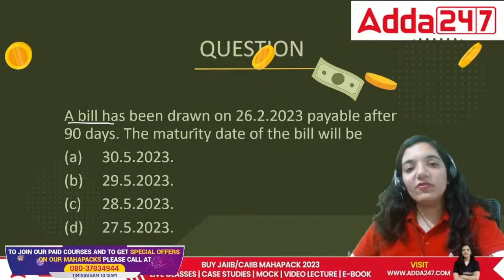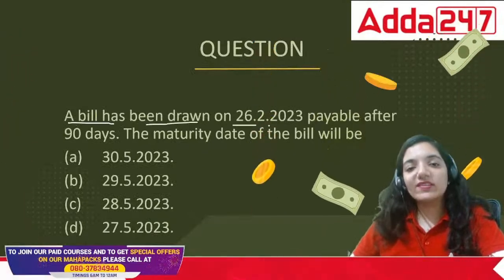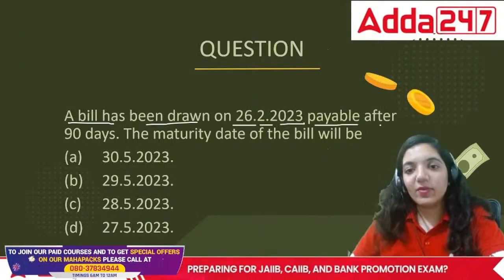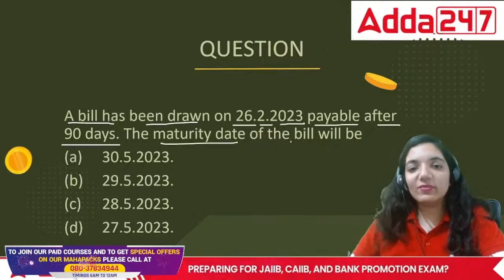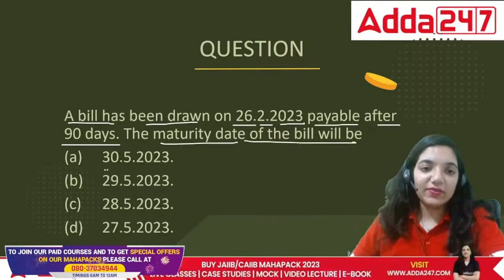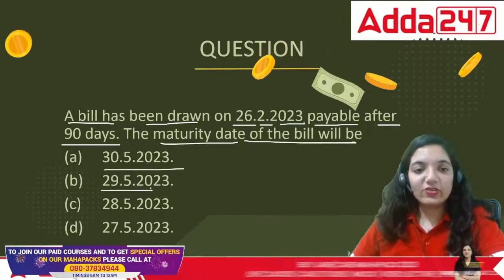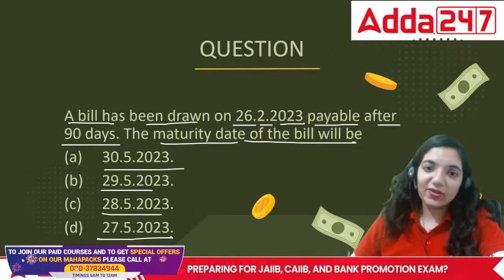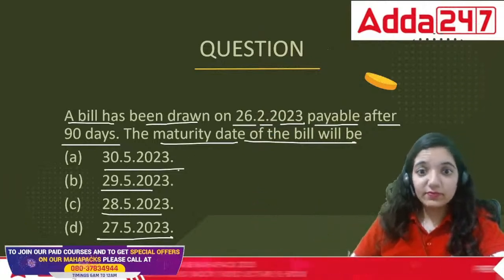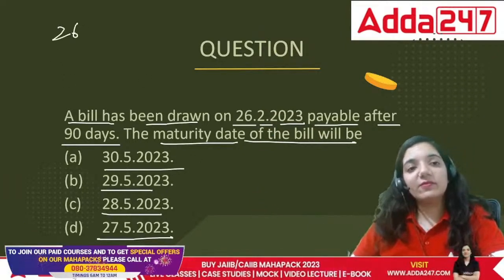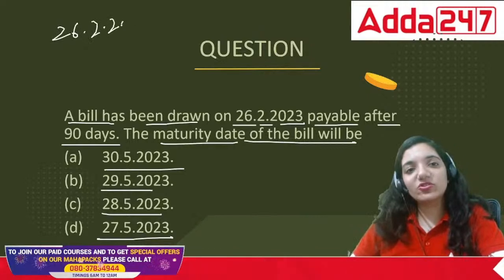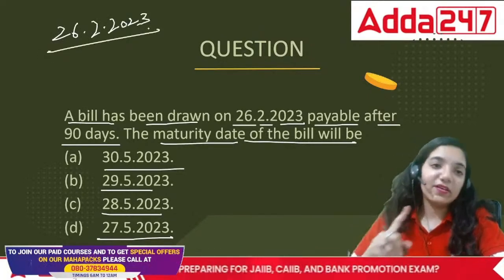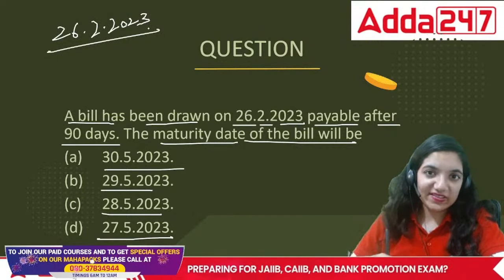A bill of exchange was drawn on 26/2/2023, payable after 90 days. The maturity date of the bill would be 30th of May, 29th of May, 28th of May, or 27th of May. Now let's look at the answer. Since we are issuing the bill on 26/2/2023, we will not include the day of 26. That is the rule.